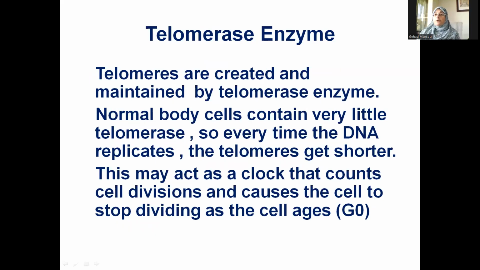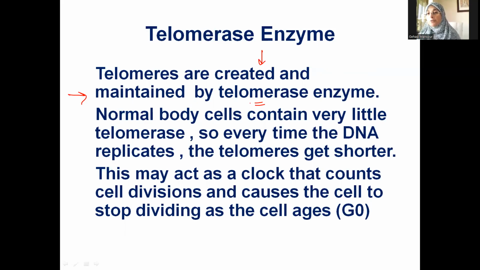There is a very important enzyme, or actually a group of enzymes, that is called the telomerase enzyme. And the telomerase enzyme just creates the telomeres. So although the name is telomerase enzyme, giving the impression that it breaks down the telomeres, no, the telomeres are being created, built up, and not only built up, but maintained and replaced by the telomerase enzyme.